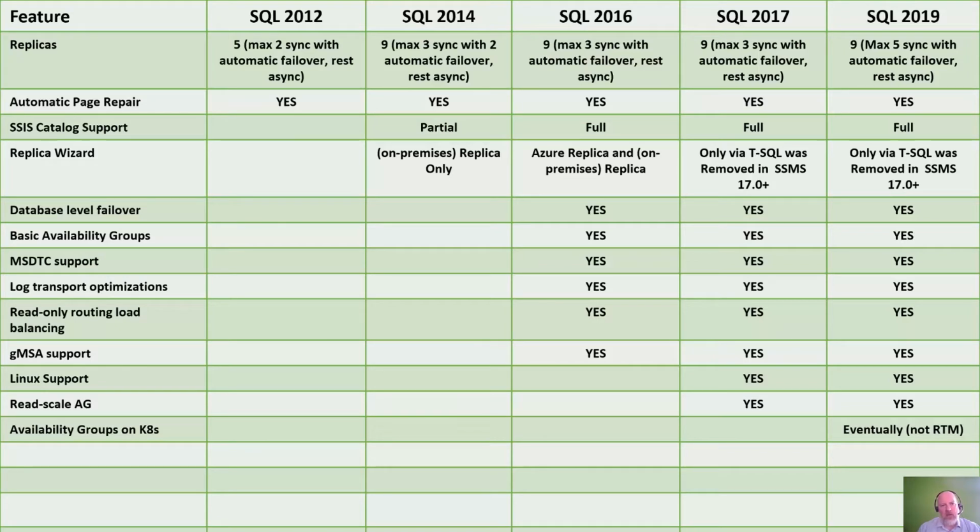There's a few things to point out here. As the versions have increased, going all the way up to SQL Server 2019 now, you'll notice that the possible replica count has gone up. So if we start in SQL Server 2012, you can see that we had a total maximum of 5 replicas allowed in our availability group, 2 of which could be synchronous, and the other 3, of course, would be asynchronous.